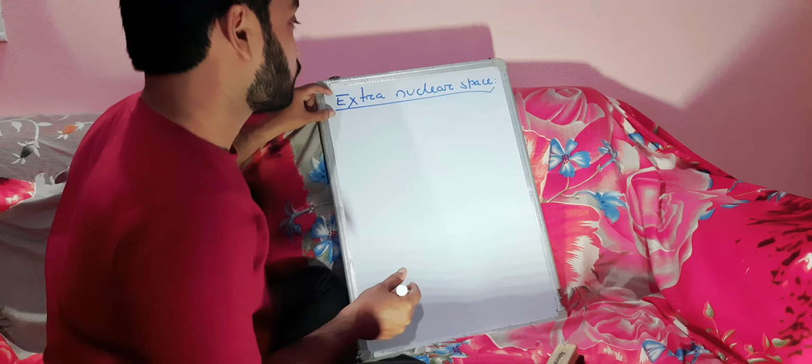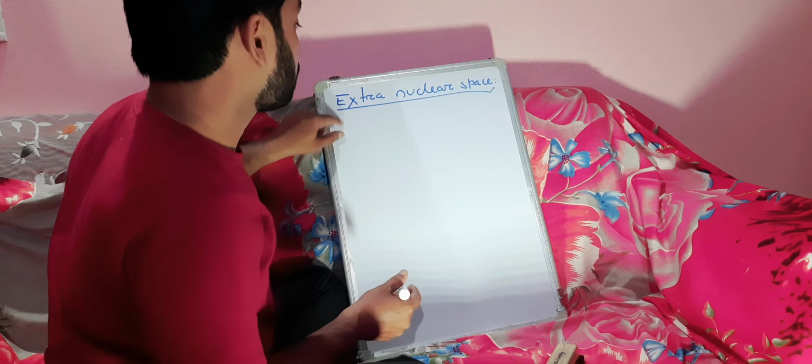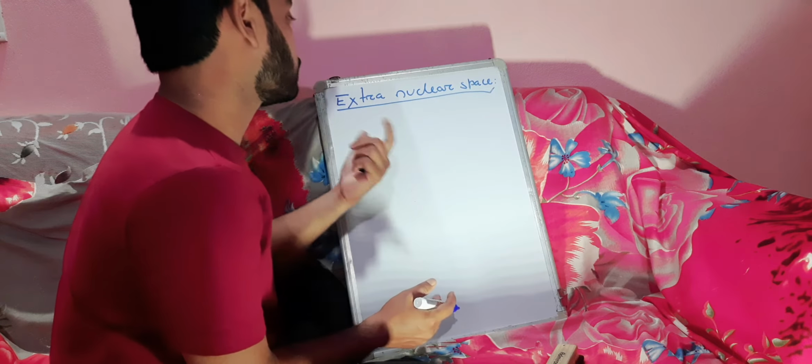Now what is extranuclear space? We can define it as the vacant space of an atom which is mainly for electrons, or the part excluding the nuclear part.